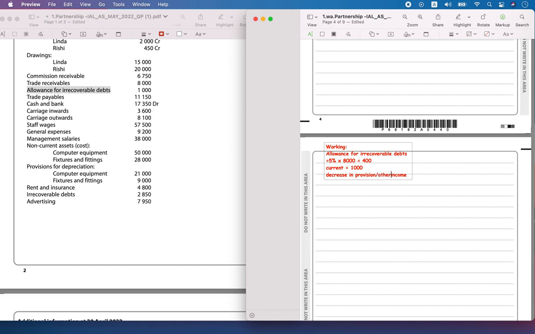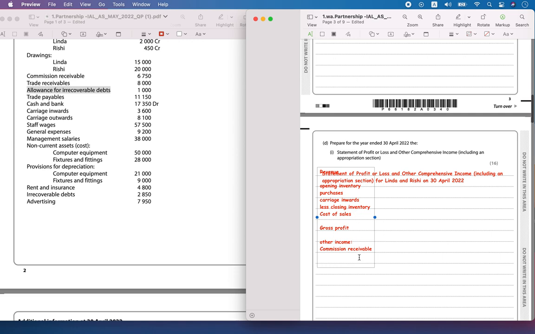It will become other income. So that is equal to 1,000 minus 400, that's 600 other income.